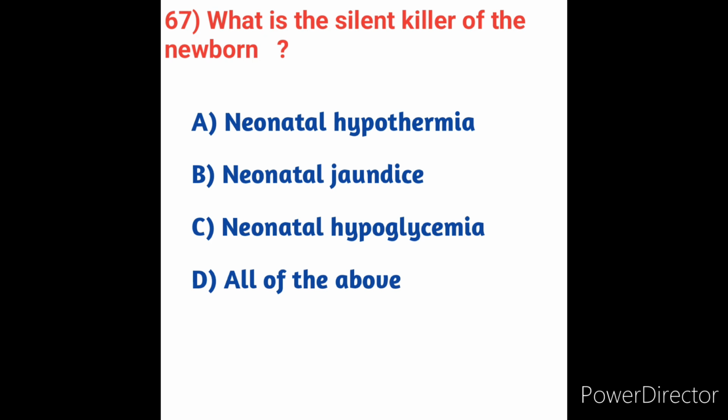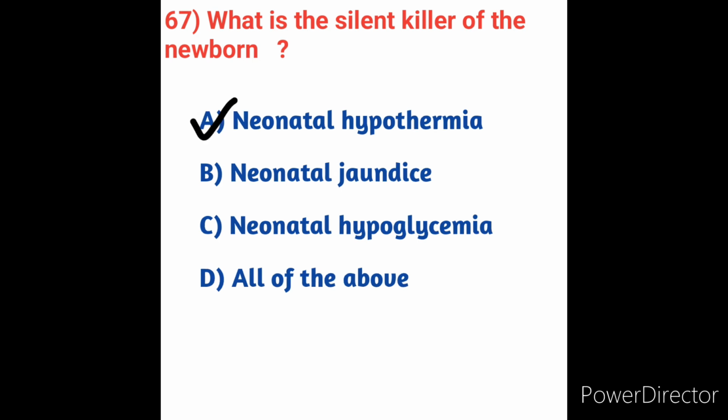When the body has hypothermia, you do not see the shivering condition in the baby, because at that time the baby's central nervous system is immature, so shivering is absent. So here the silent killer of the newborn is neonatal hypothermia. Option A is the correct answer.